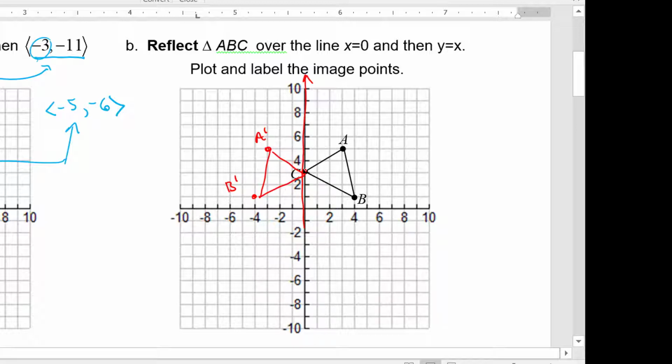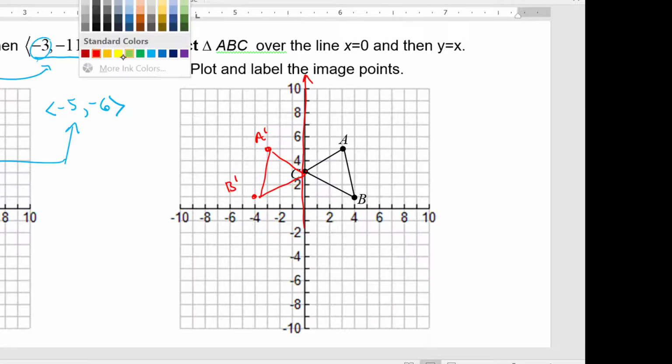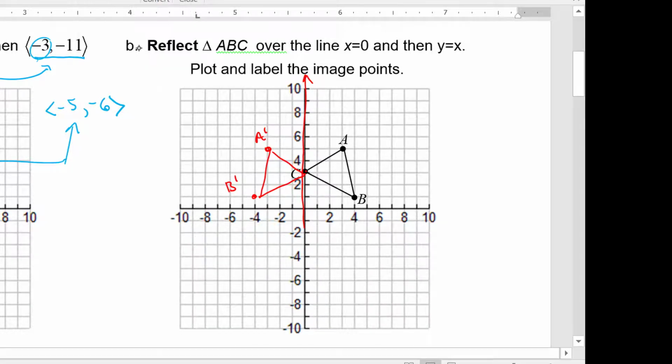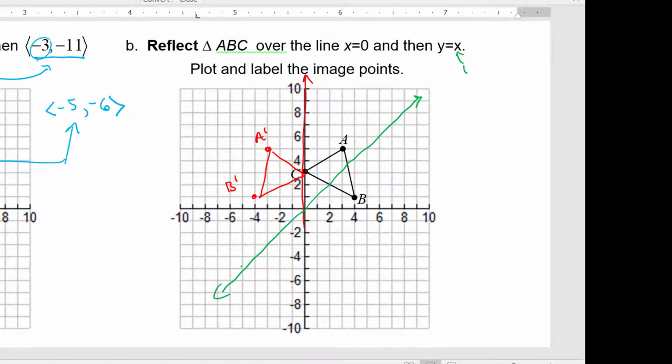Then I'm going to reflect it over the line y = x. The line y = x has a slope of 1 and a y-intercept of 0. So it's basically this 45-degree line that goes like this. What you're going to find out is that I can just take the x and the y and flip them.